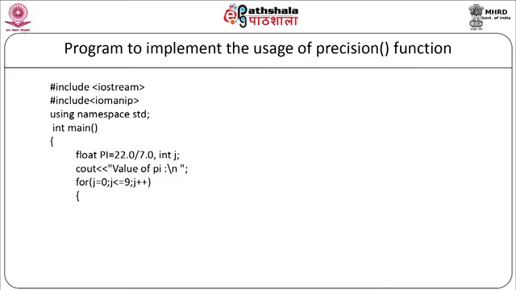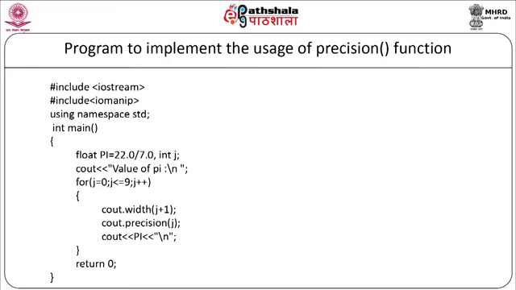Now we will set the width as cout.width(j plus 1), cout.precision(j) and cout the value of pi and newline, and our for loop will end. So inside this, our width and precision will always be incremented by 1 because it is inside the for loop. Lastly return 0 and the main program will end.